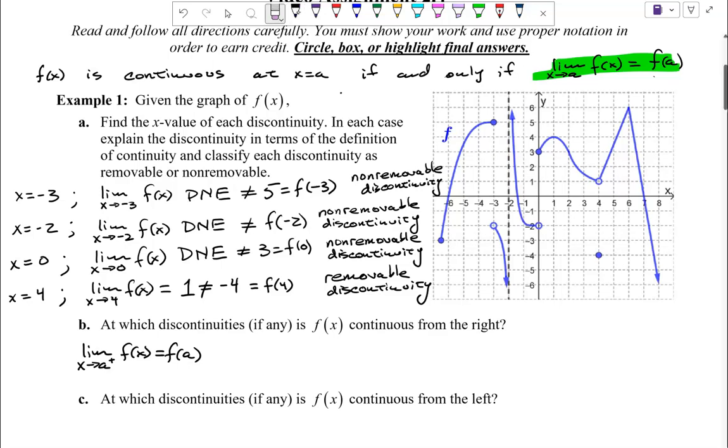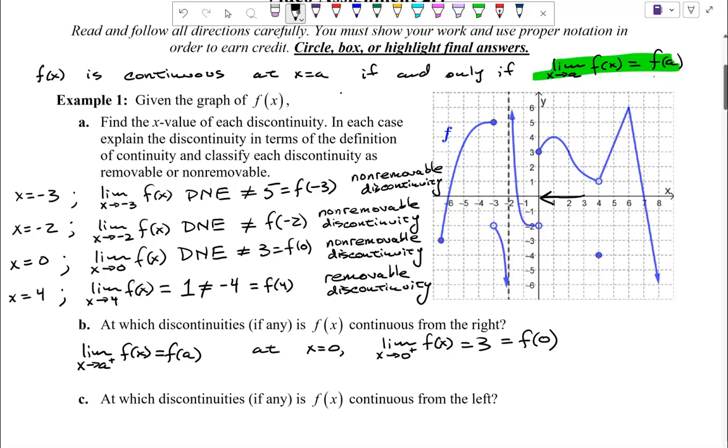And so one place where this happens is at x equals 0. At x equals 0, we have the limit as x approaches 0 from the right of f of x. That's approaching 0 here. The y values are approaching 3, which are exactly the same thing as f of 0.